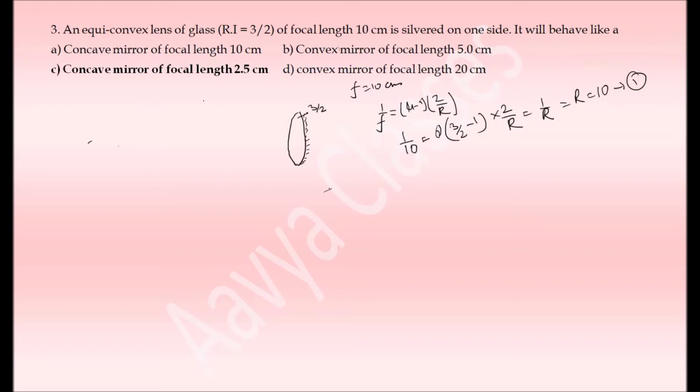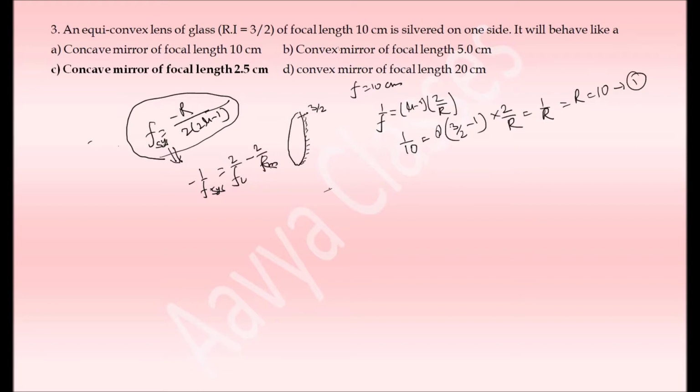So we have already learned that in case of a convex lens, if it is silvered at one side, then the focal length of the system is f system is equal to minus r divided by twice into 2 mu minus 1. So we have already learned this formula. If you don't remember this formula, then you can derive it also by using 1 by f system is equal to 2 by fl minus 2 by rm.